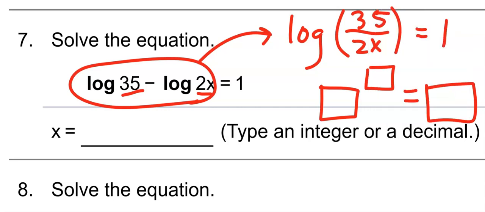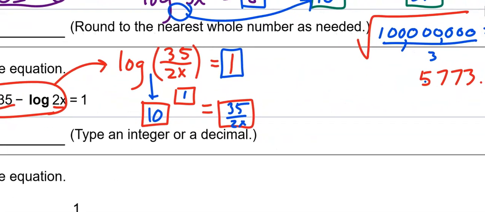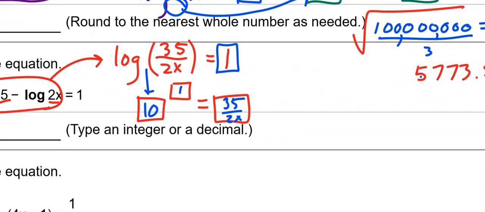So, what's the base? Yes, once again, since it's not written there, it's 10. If it is written there, then make sure you use whatever that number is. The exponent is sitting on the other side, and so that means we've got 35 over 2x that goes in the remaining box. Okay, so if I write this out a little bit nicer, I have 10 equals 35 over 2x.